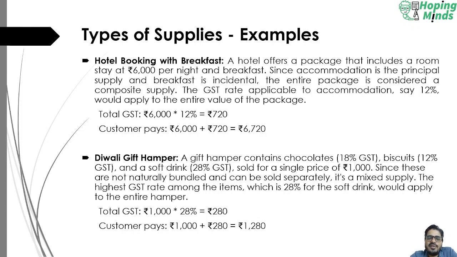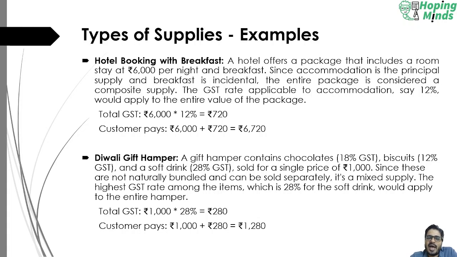Next we have Diwali gift hamper. So a gift hamper contains chocolates, that is 18% rate, biscuits, that is 12% rate, and soft drink, that constitutes 28% GST, which is sold for a single price at the rate of rupees 1000 per hamper. Since these are not naturally bundled and can be sold separately, it's a mixed supply.